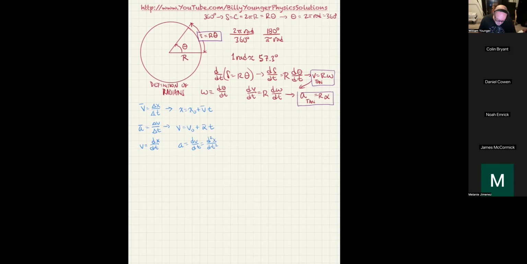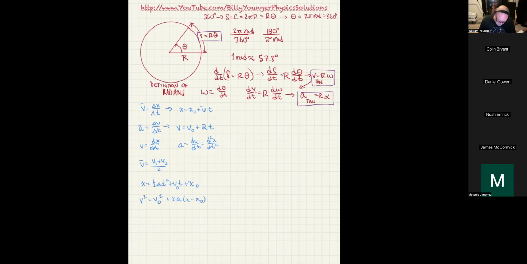In addition to that, we were able to come up with, for instance, a velocity average, if the acceleration was a constant, is just v1 plus v2 divided by 2. Additionally, if the acceleration was a constant, we found that x could be given by 1 half at squared plus v0t plus x0. And finally, we found that v squared is equal to v0 squared plus 2a times x minus x0.